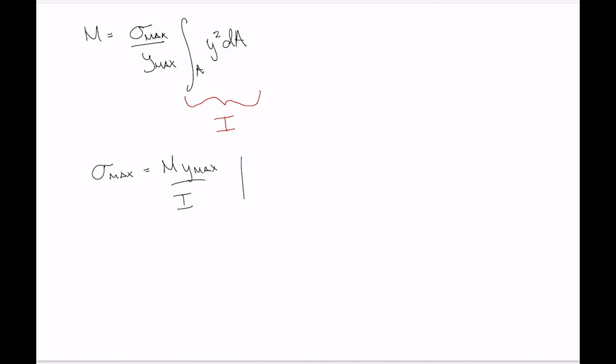So we can just substitute back in using that equation that we just substituted for on the other page. So sigma is y over y max, sigma max. We just rearrange that and substitute back in for sigma max.